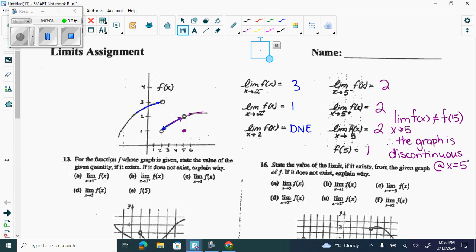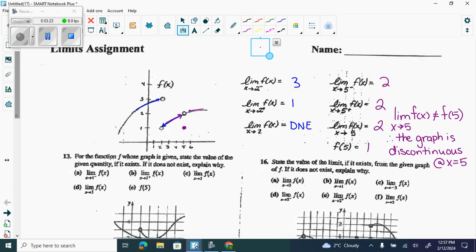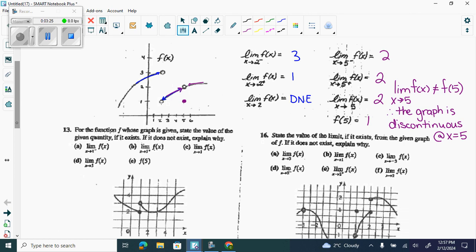So, to prove continuity and to prove that something is not continuous, you do the same thing. One's just equal to. When they're equal to the same thing, then it's continuous. When they're not equal to each other, then they're not continuous, right? Because the graph doesn't just keep going. All right. It didn't ask that. I'm just proving something. Okay.